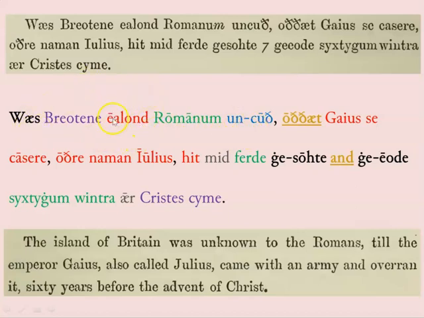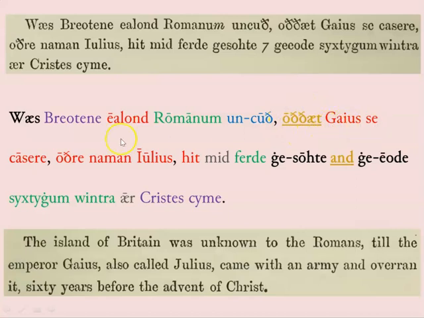Eolond is in the nominative, it's the subject. Bereotena is in the genitive. Romanum is both dative and plural. And then uncouth is an adjective, describes unknown. Okay, now comma. Then we have a subordinating conjunction.